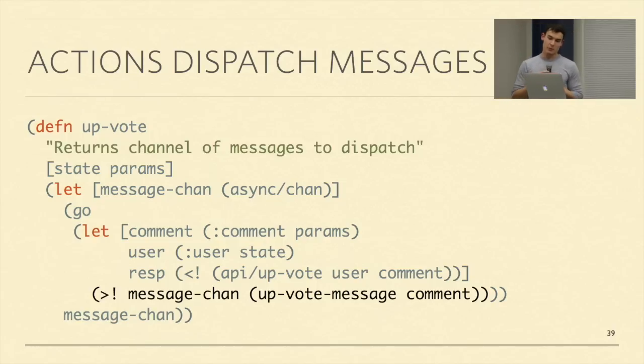So we can basically have the semantics of blocking in JavaScript, which we don't actually have, and we achieve this through macros. And so the purpose of this action is to return a channel that has messages on it. These messages get dispatched to our models.